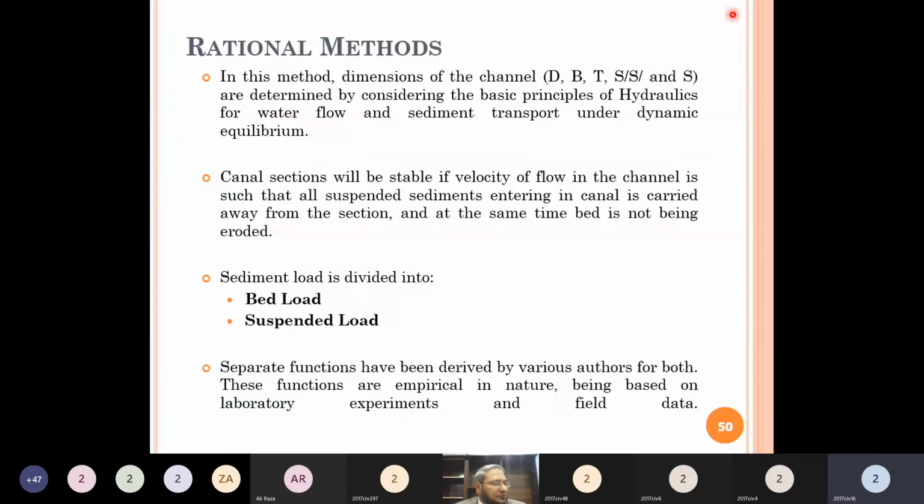and its value basically varies from 1.5 to 2.5. Okay? Yes, sir. And when it is 1.5, when the discharge through the channel is... let me confirm.